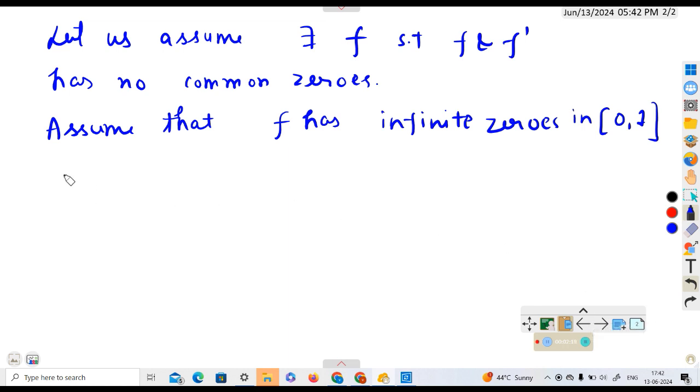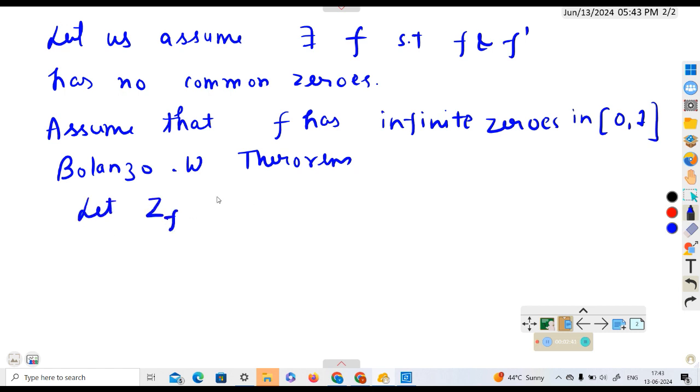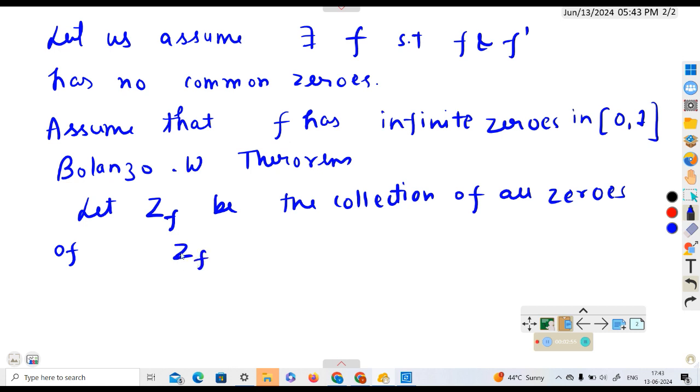So by the Bolzano-Weierstrass theorem, let us use some notation first. Let Z_f be the collection of all zeros of f. Then the cardinality of Z_f is infinity, as we have assumed that it has infinite zeros.